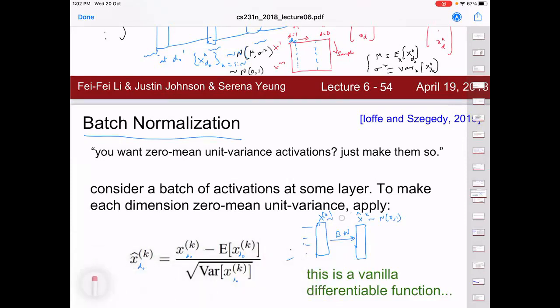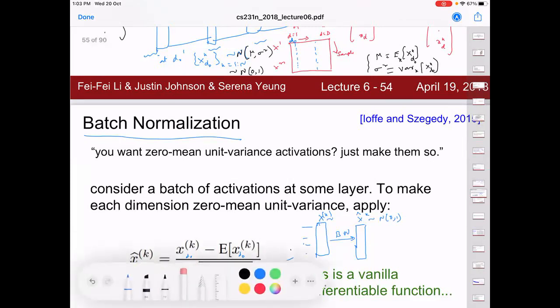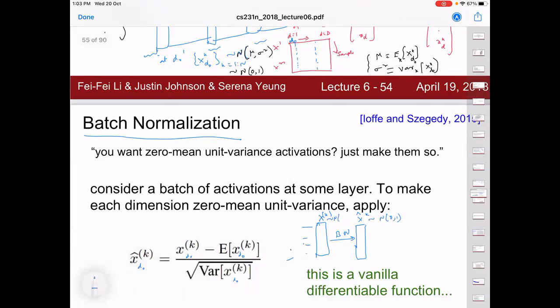But since we are demeaning, bringing the mean to 0, and also normalizing the variance, they effectively have unit variance. After this, we send them through the activation function to get the output, let it be sigmoid or whatever. And this whole thing is at a layer.